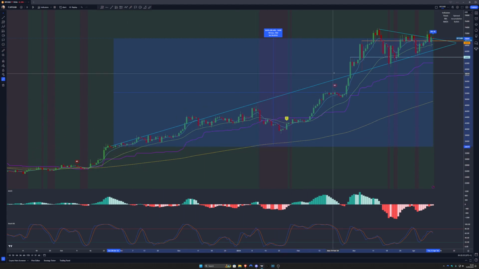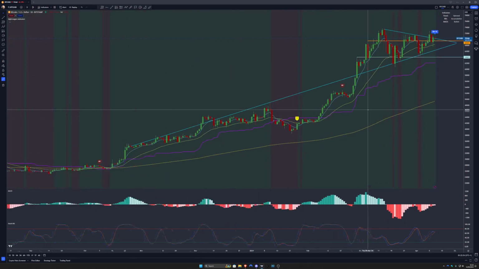You're going to miss out on all these beautiful swing entries. But that's not what this indicator is for. It's not for swing entries. This indicator is purely if you don't really know what you're doing and you need something easy to use to introduce you to the world of indicators and the world of crypto.